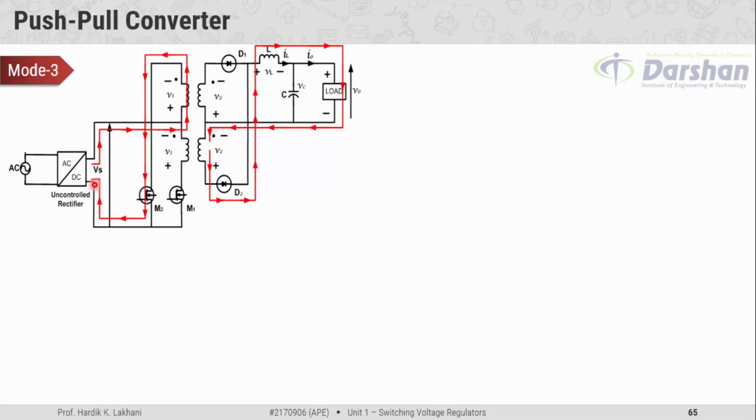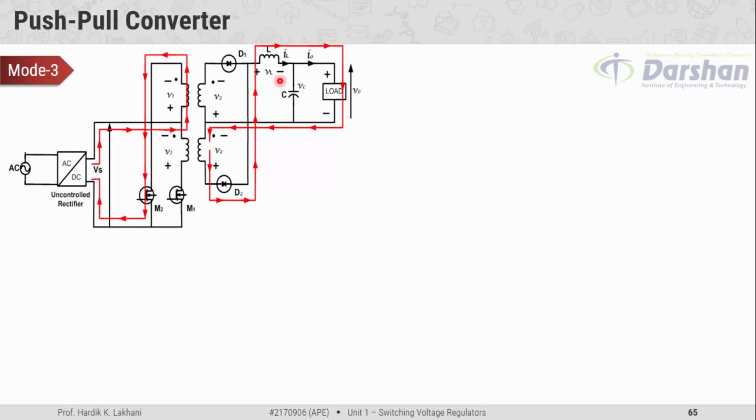So this is how the closed loop path is provided on the primary side. On the secondary side, from this lower secondary, the current begins to flow. It passes through the diode D2, then it flows through the inductor, thereafter it passes through the load, and this is how it goes back to the L. And the closed loop path on the secondary side is provided.